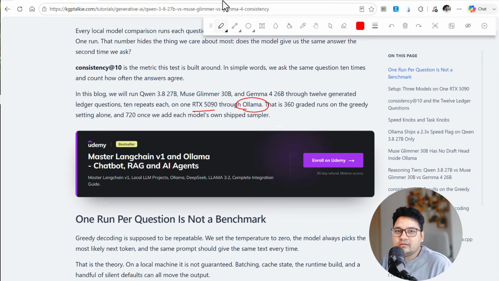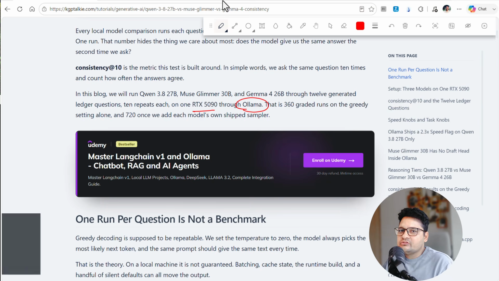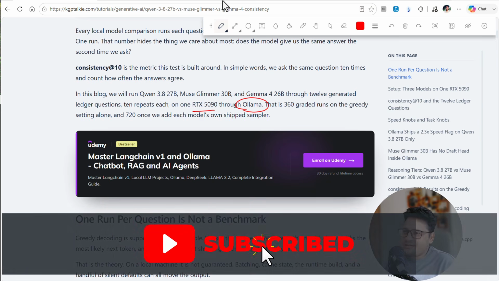The DFlash technique is used to speed up its generation speed. Otherwise, Muse Glimmer's generation speed is generally 70 to 80 tokens per second. But if we use DFlash, its generation speed goes beyond 150 to 200 tokens, depending on the content type. We'll also see that in this lesson.